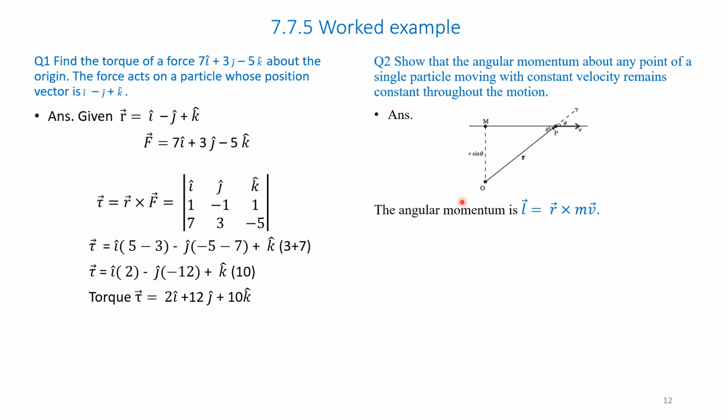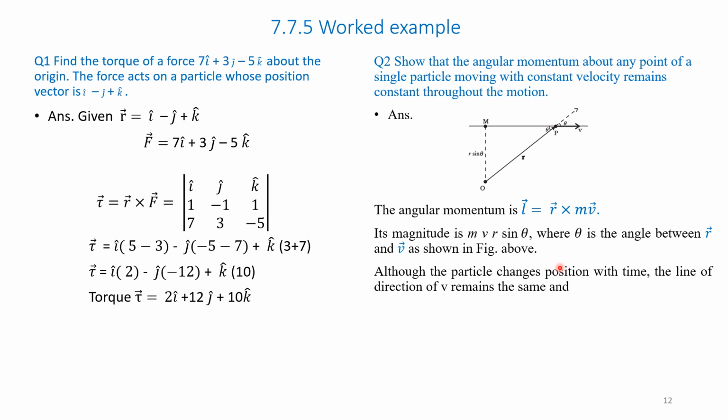The perpendicular distance OM is r sin theta. So the angular momentum is given by the relation vector L is equal to vector r cross m v. Therefore, its magnitude is m v r sin theta, where theta is the angle between vector r and vector v as shown in the diagram. Although the particle changes its position with time, the line of direction of v remains the same.